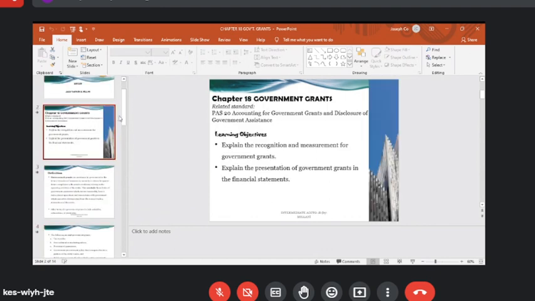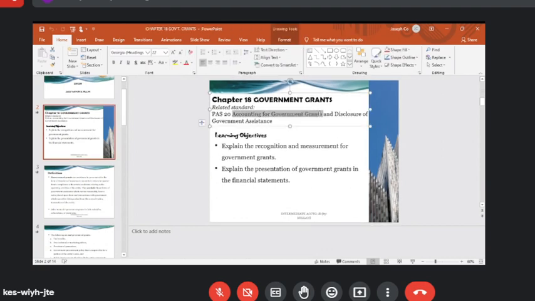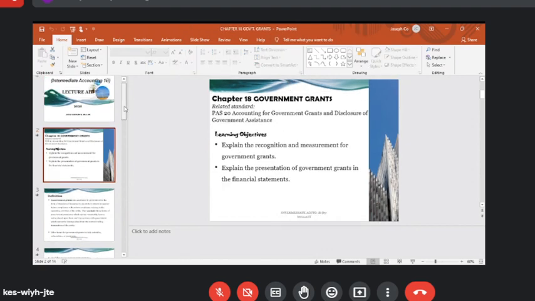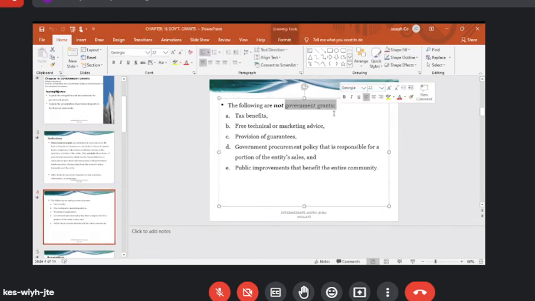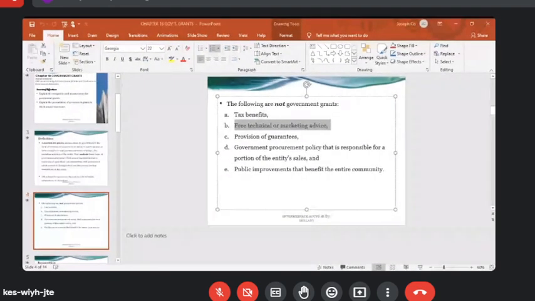Grant kasi, no? Okay, accounting for government grant. Eh yung assistance, disclosure lang po siya. Okay, disclosure. Eh, ang tinatanong kasi is grant. Ito po is assistance. Kaya magkaiba ang grant sa assistance. Okay? Okay po. Thank you, sir.